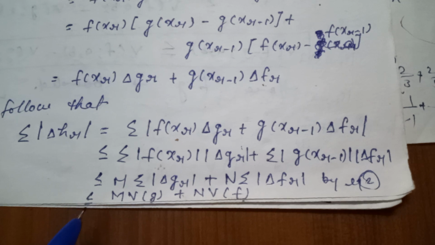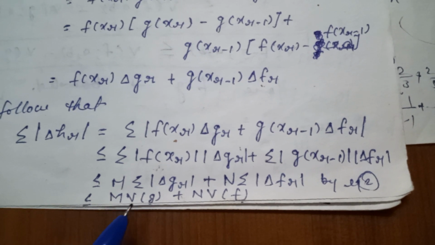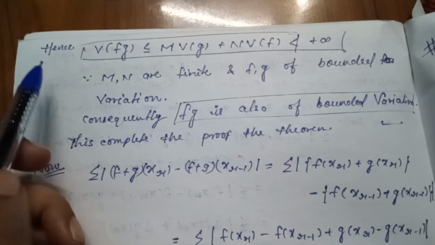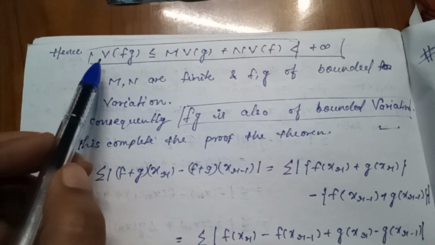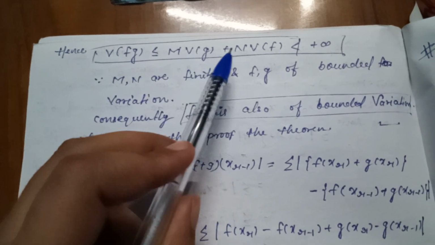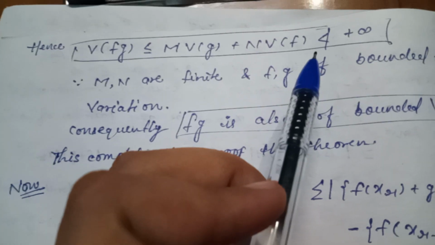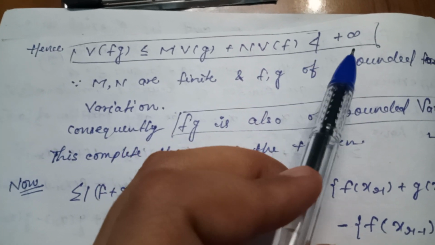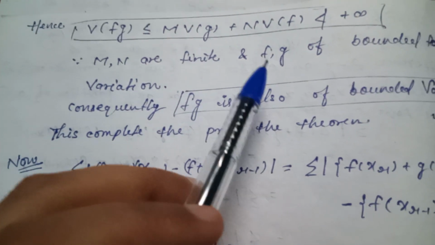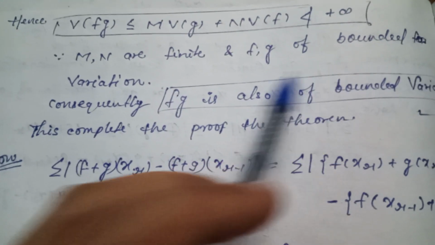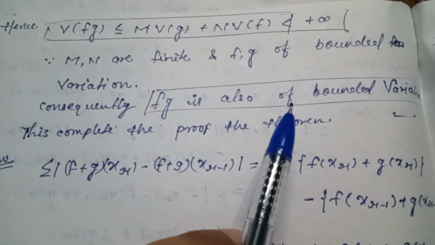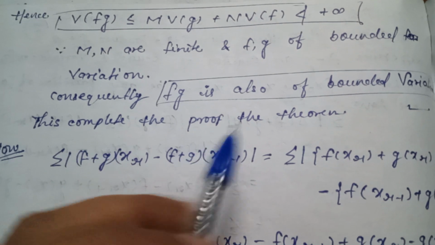Now it is less than or equal to M Vg plus N Vf. Hence Vfg is less than or equal to M Vg plus N Vf, which is less than infinity, since M, N are finite and f, g are of bounded variation. Consequently, fg is also of bounded variation. This completes the proof of the theorem.